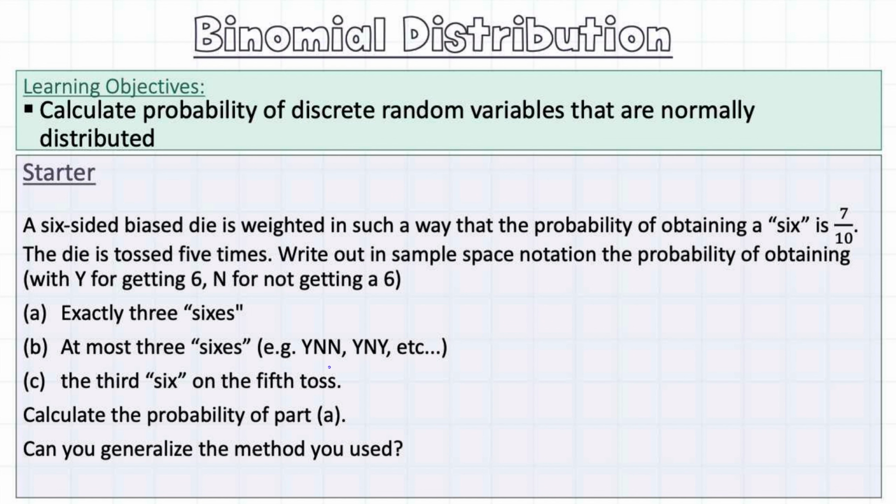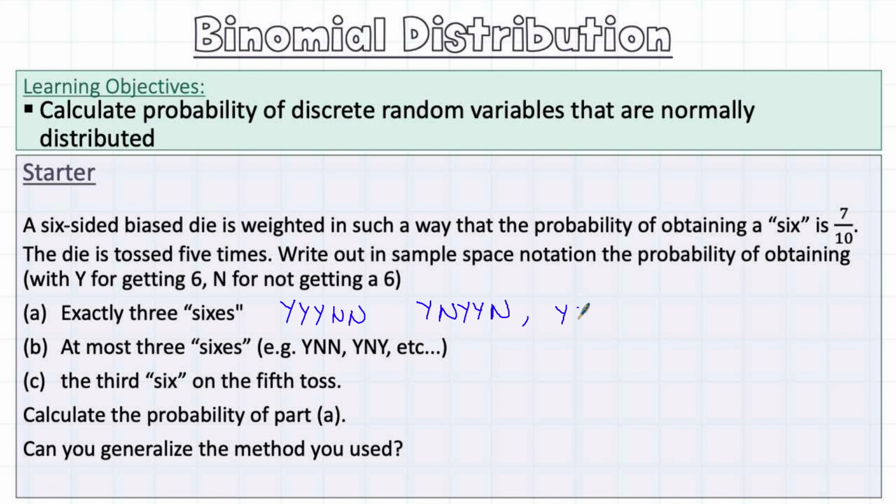So if I try to answer even starting with A, you will notice that the process becomes a bit tedious. If I want to see how I'm going to get exactly 3 6s, if I'm tossing 5 times, then I could get 3 6s and then no 6s, and then 2 more here.